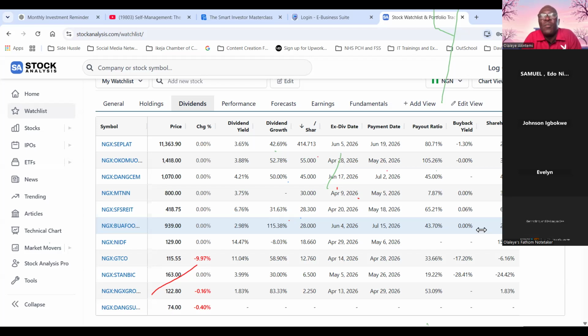But how do you know? If you buy MTN now at 800 naira, and you are thinking in September you're going to sell your MTN, what if in September MTN is selling for maybe 700 naira? You're going to lose money.